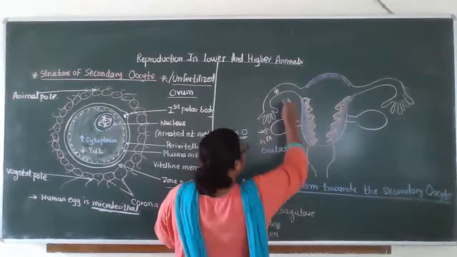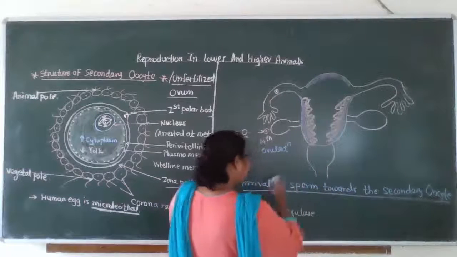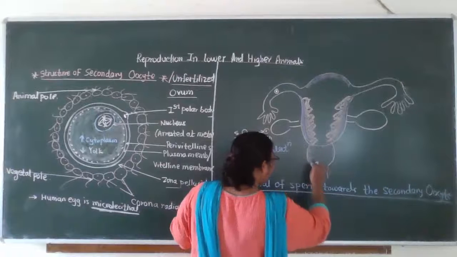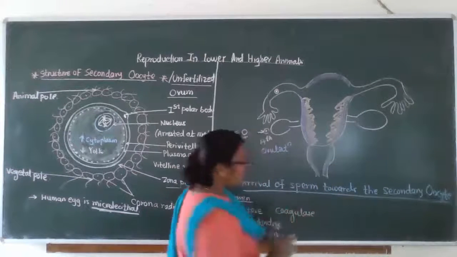During ovulation, the Bartholin gland secretes mucus into the vagina of the female.